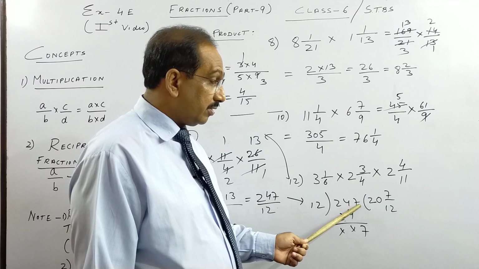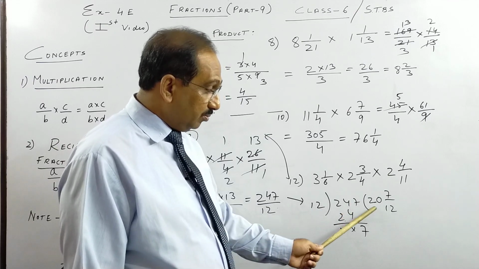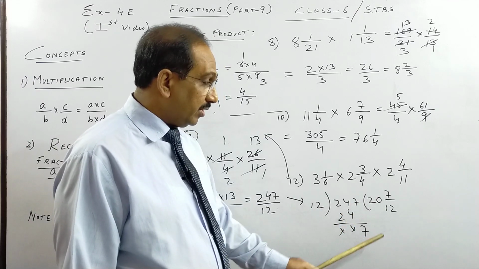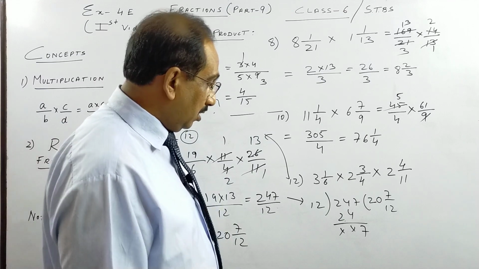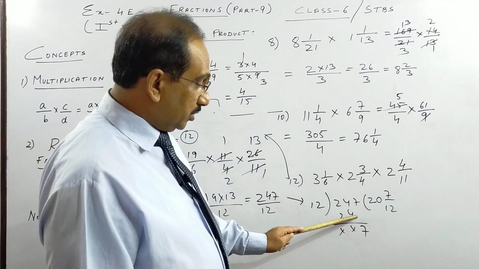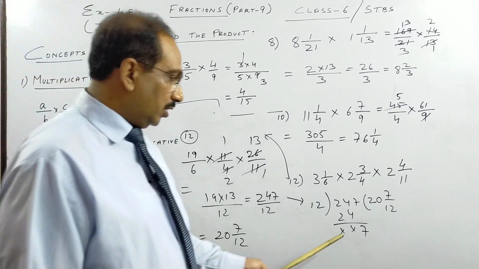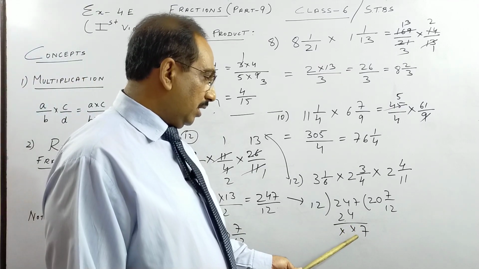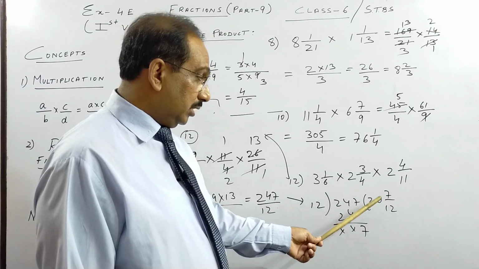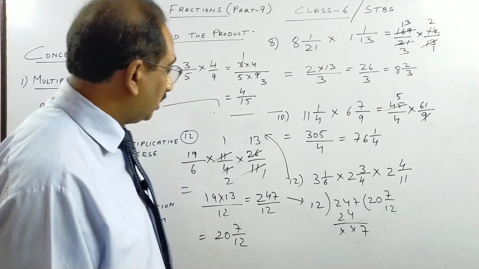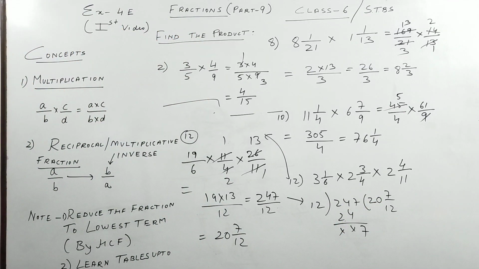This is 247, so it will be 20 times 240, then 7 is left. Otherwise you can put 0 and all, but sometimes division is a little tricky. You have to see, because one number is there, it comes, so this 0 is very important. Okay, so kindly pause the video and copy, then we will move to the next part.